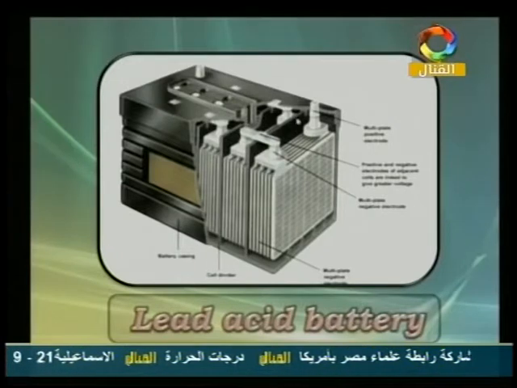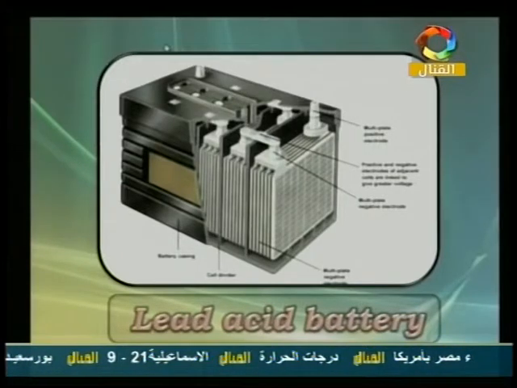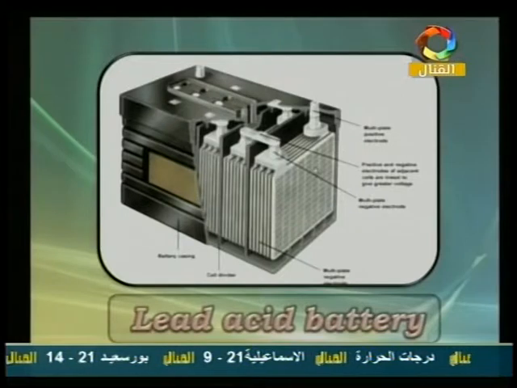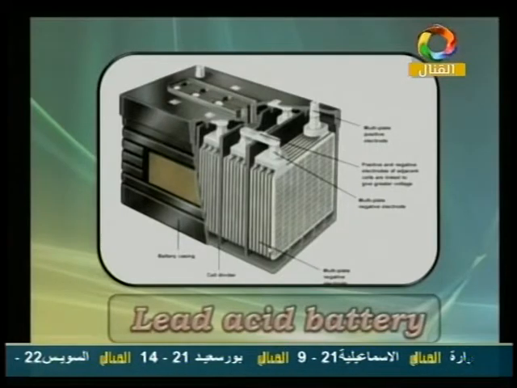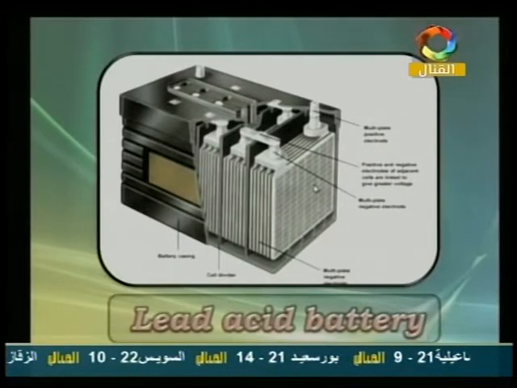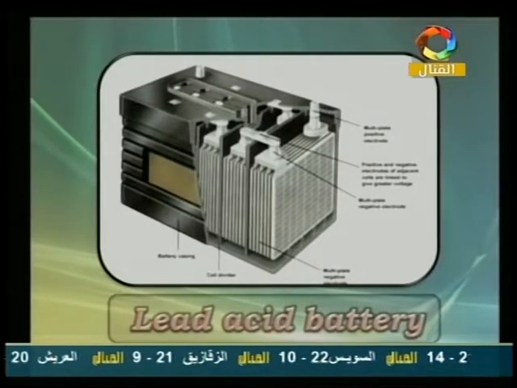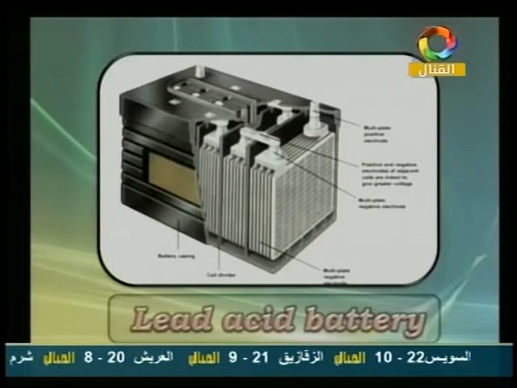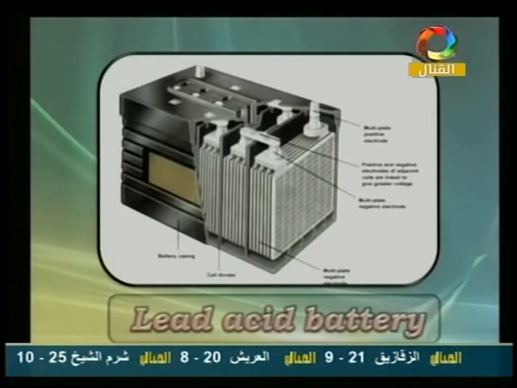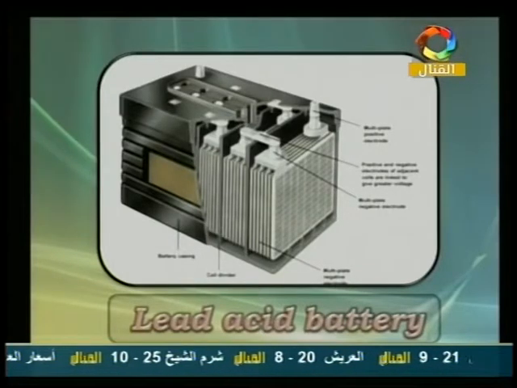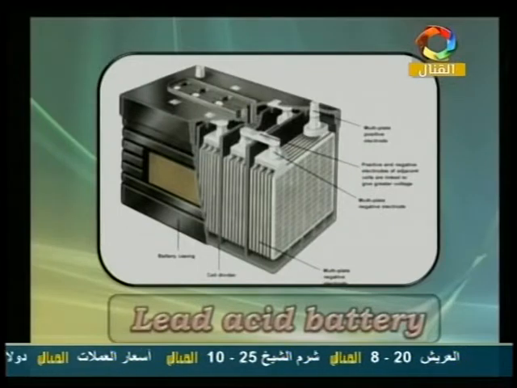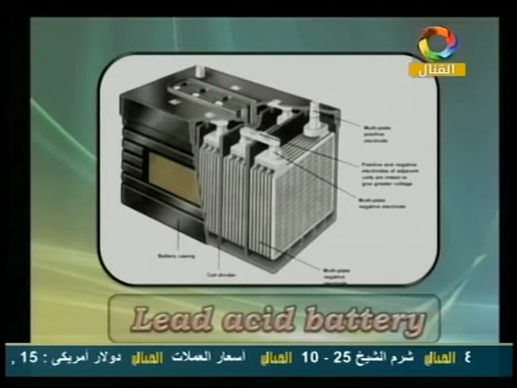So the pins here, positive and negative poles, are connected to start the reaction and to get the electric energy from the chemical energy that starts by the chemical reaction between Pb, or lead, and lead oxide and the electrolyte of H2SO4.